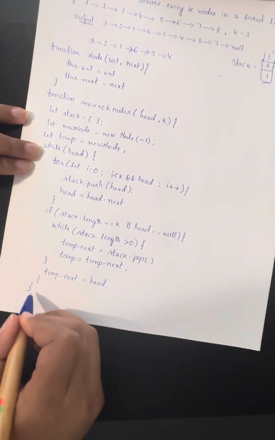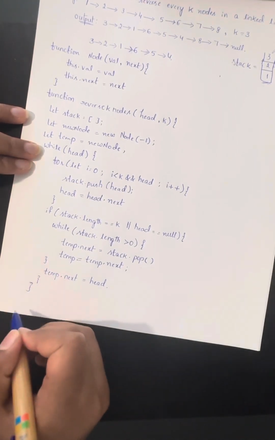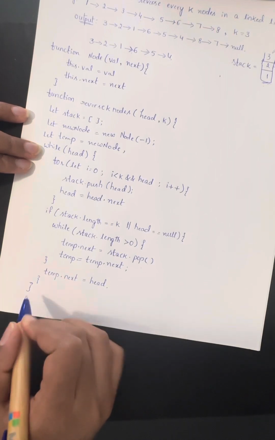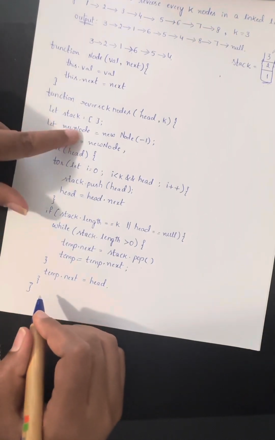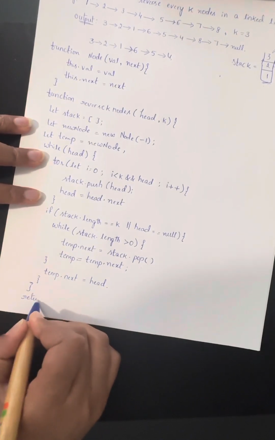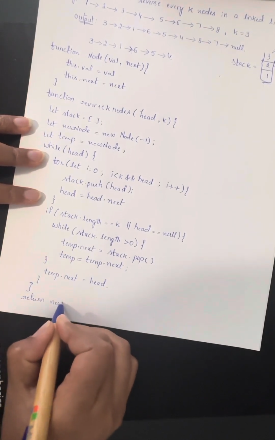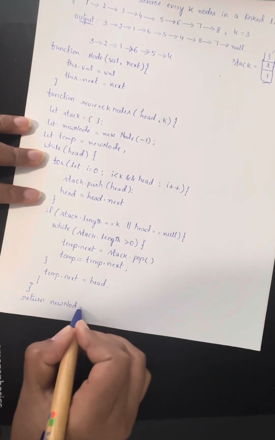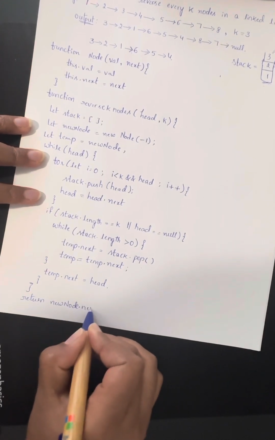So now the while loop ends here, and now we just need to return new node dot next. Why are we returning new node dot next?